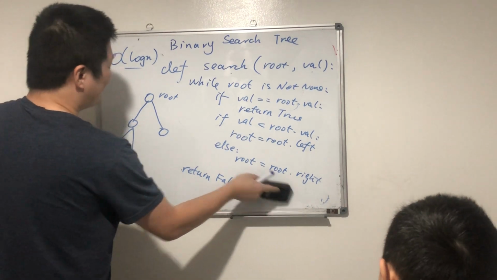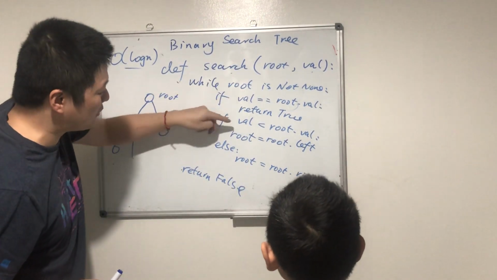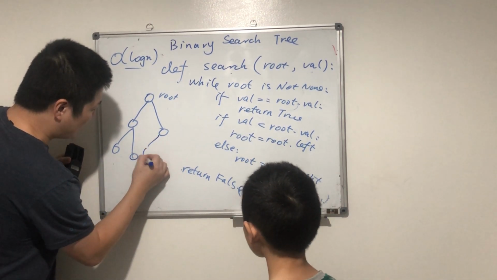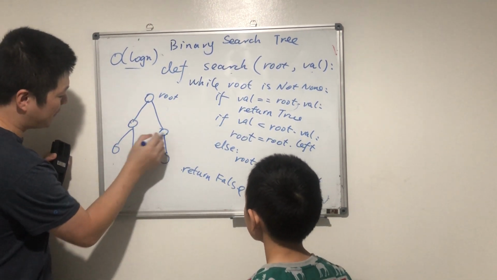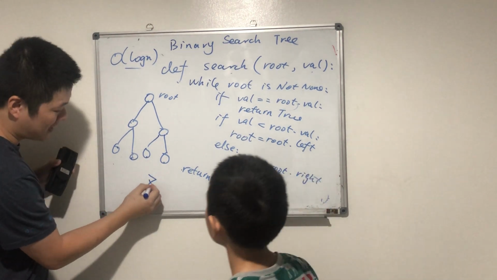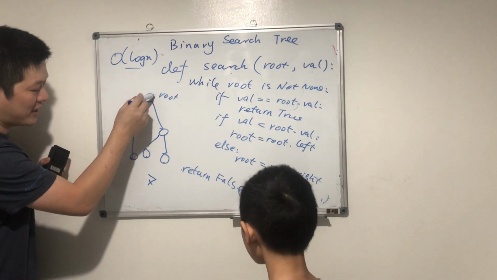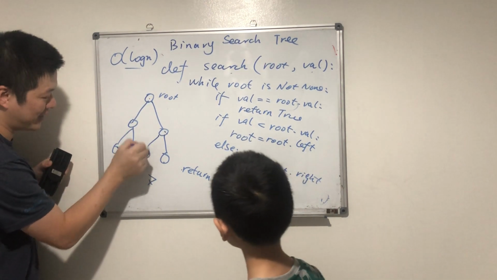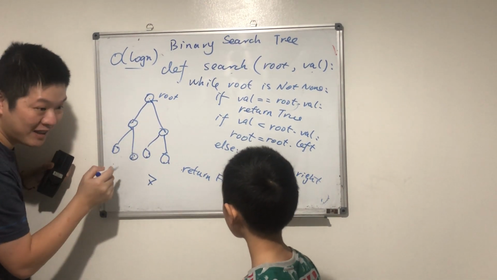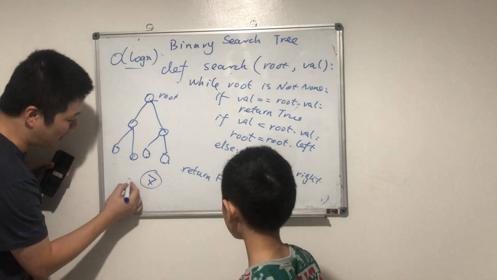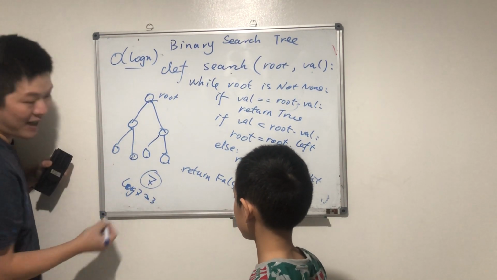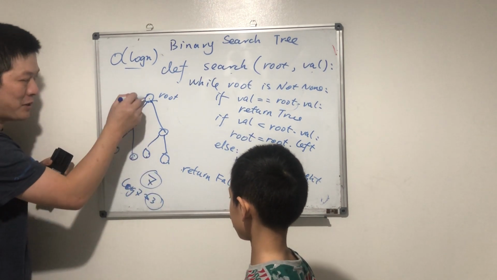Look, if there are 7 nodes, on average it needs 3 times: 1, 2, 3. O(log 7) is approximately 3. So it means it needs 3 times.